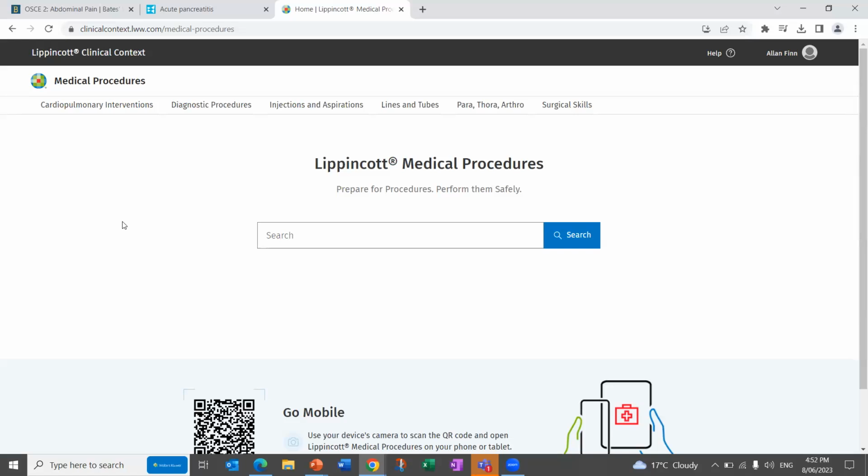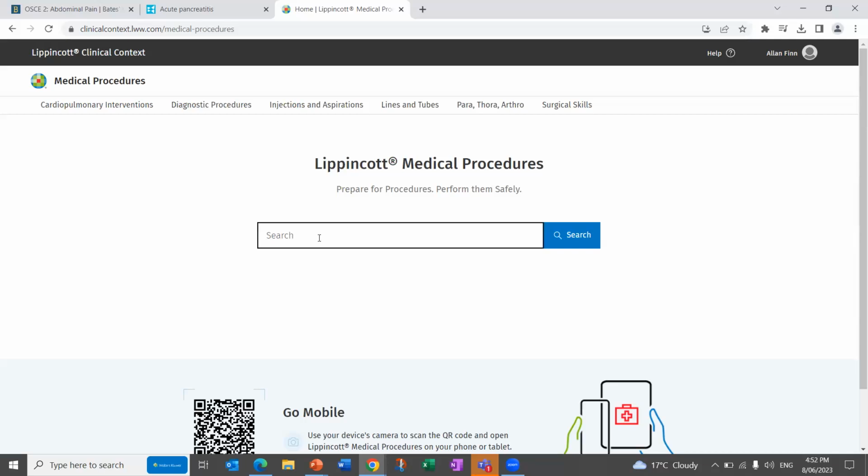These medical procedures that we see here are the 80 most frequently used procedures to demonstrate to medical students. So these are the ones that they are most likely to encounter, the ones that they may frequently need to be taught. We can approach this in many different ways.